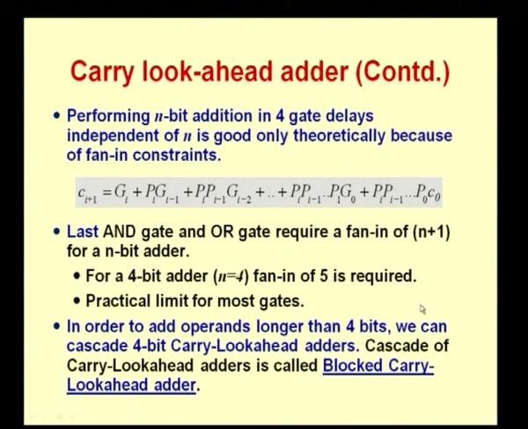But when we look at greater than 4 bits, there is another thing that we could do, which is that we could split it up into 4 bit blocks and concatenate these 4 bit blocks together to form bigger blocks. That is another possibility that we have. So we will take a short break now and then come back and look at how this blocking of carry look ahead adder can be done.